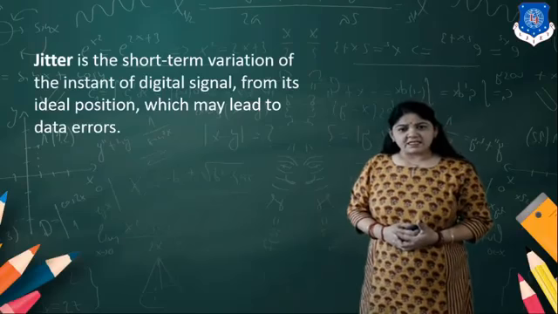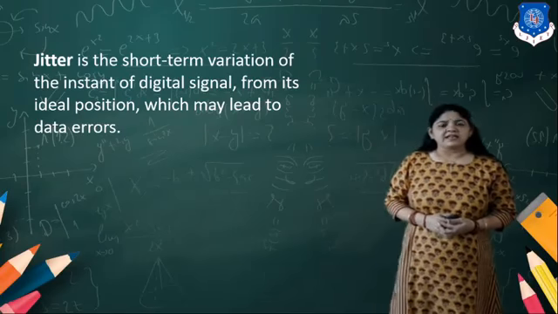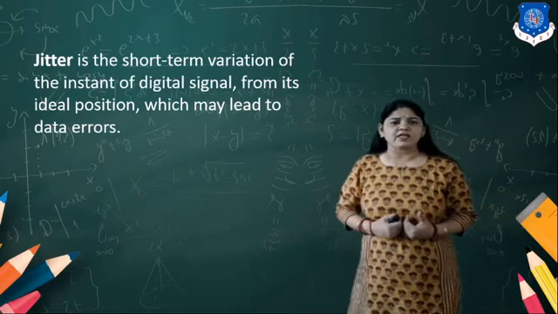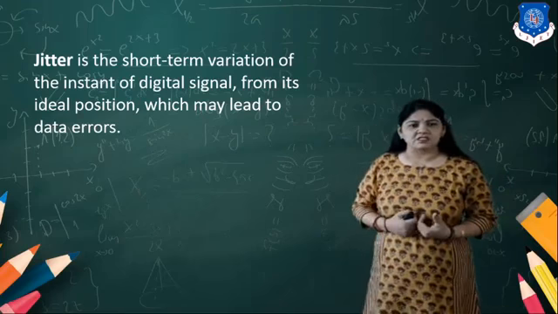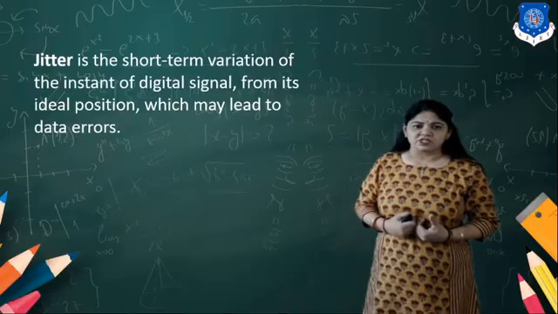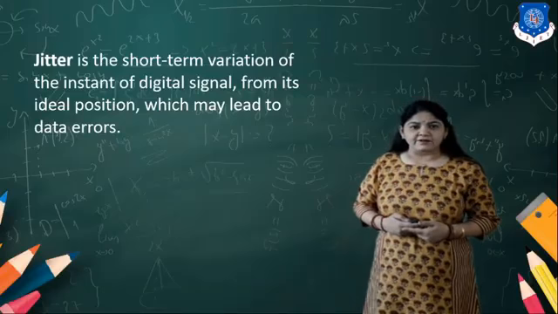Another thing is that we can also get an idea about the jitter. It is the small short-term variation of the instant of the digital signal from its ideal position, which may lead to data error.